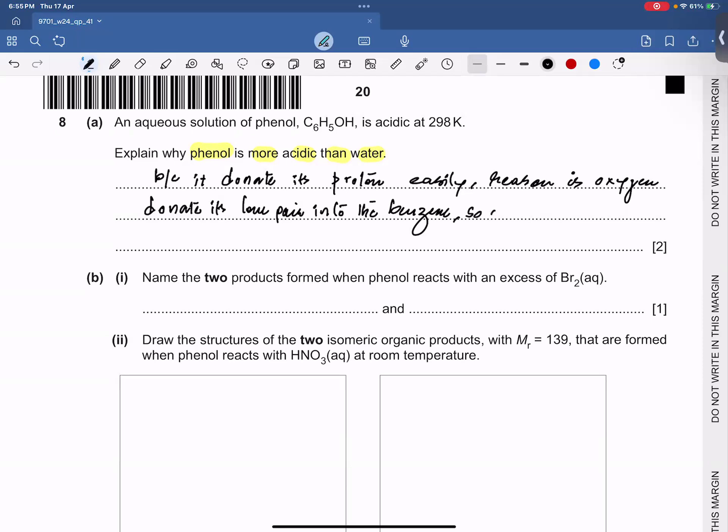So oxygen becomes electron deficient. Hence, removal of hydrogen becomes easier. Also, due to resonance, its anion is stable.